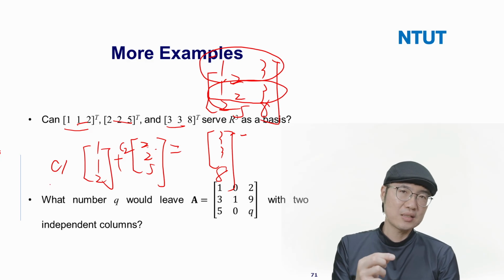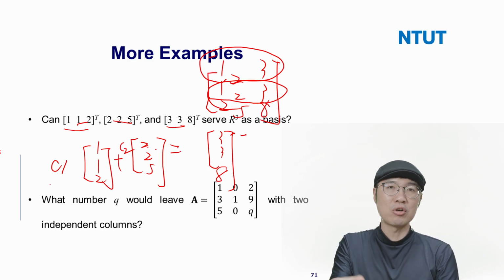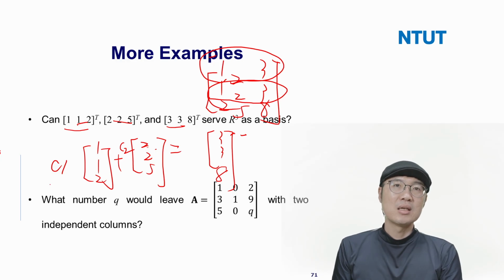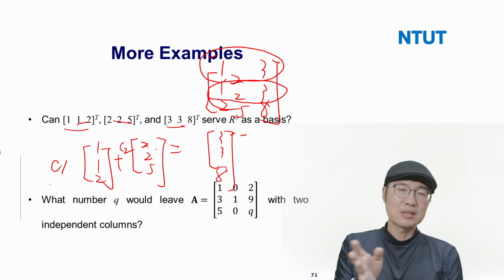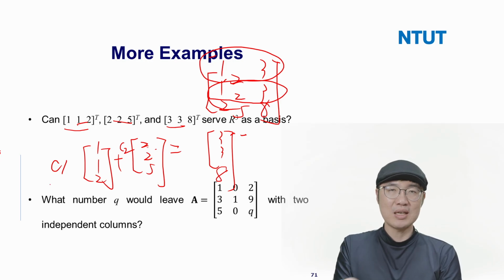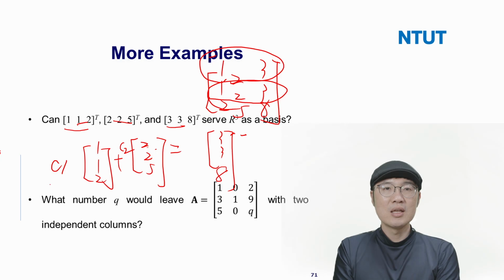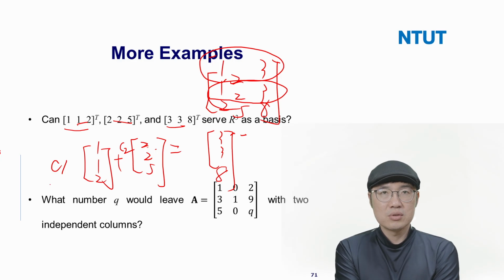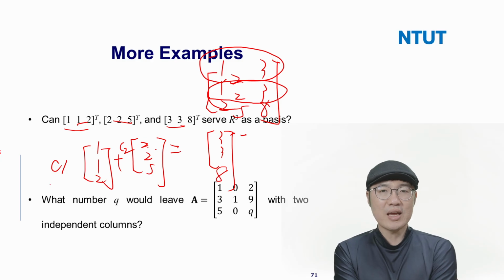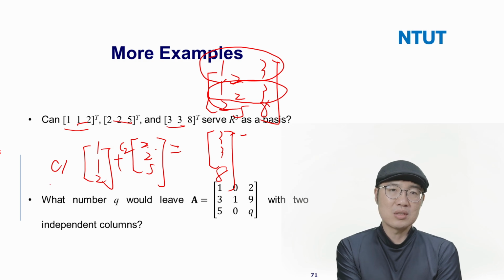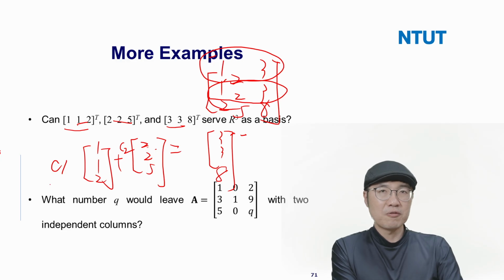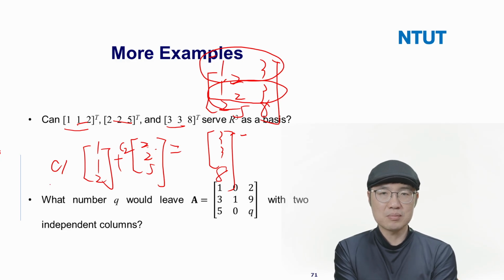This means that I have two dependent rows, so I must have two dependent columns. The number of independent columns will be the number of independent rows, which is the rank of a matrix. So no, they cannot serve as a basis for R3 because I have at most two useful vectors. One must be dependent on the other two vectors.